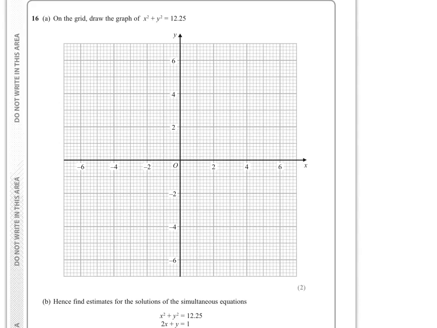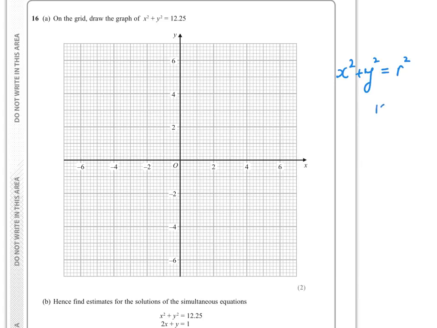Question 16. On the grid, we've got to draw the graph of x squared plus y squared equals 12.25. Well, if you think about it, a circle at the centre is x squared plus y squared equals r squared, where the radius is r.